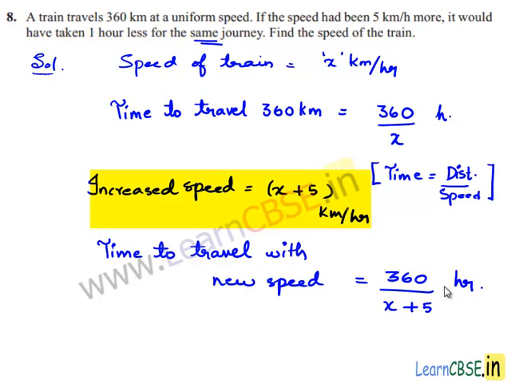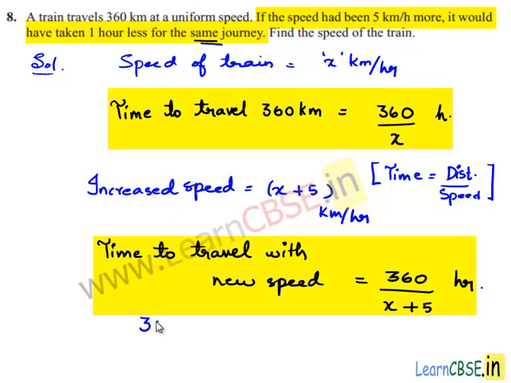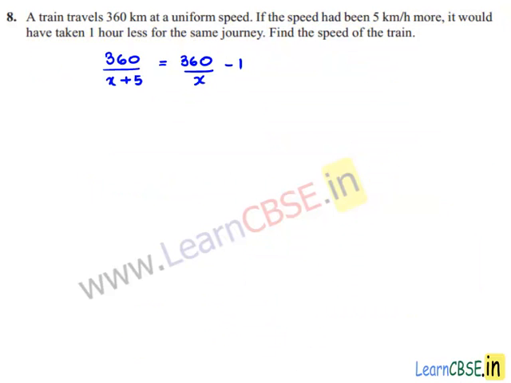According to the given condition, if the speed had been 5 km per hour more, the train would have taken 1 hour less for the same journey. So we can write 360 by x plus 5 is equal to 360 divided by x minus 1. So we can write 360 by x minus 360 divided by x plus 5 is equal to 1.